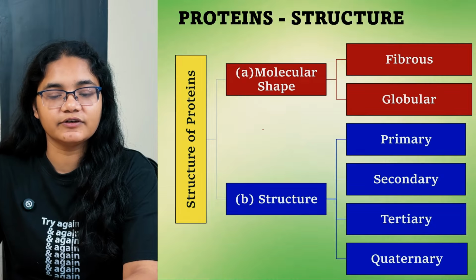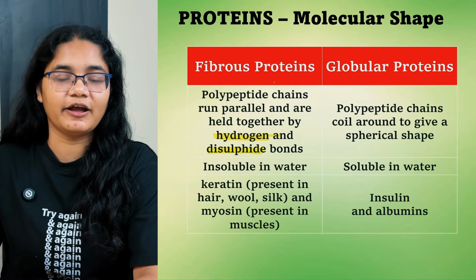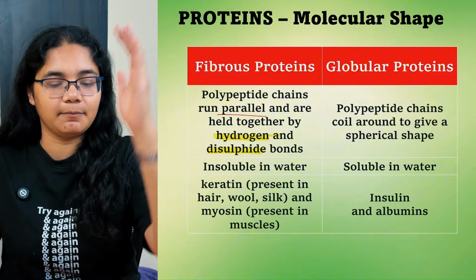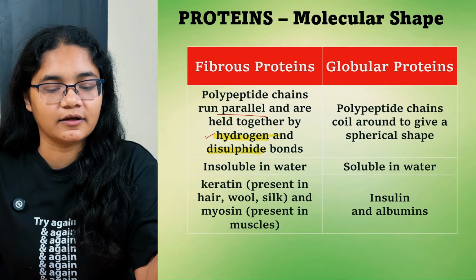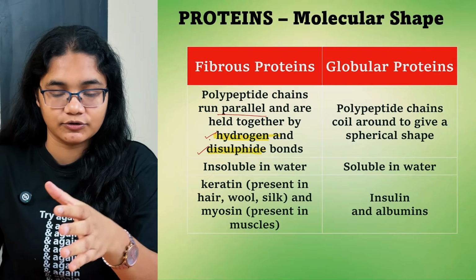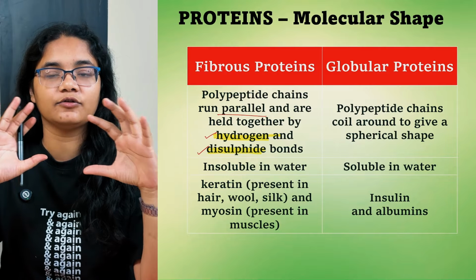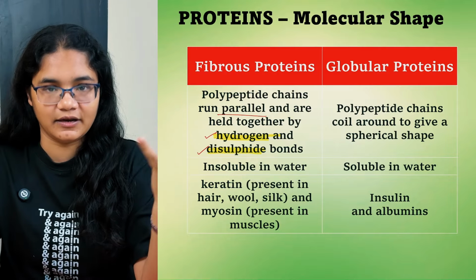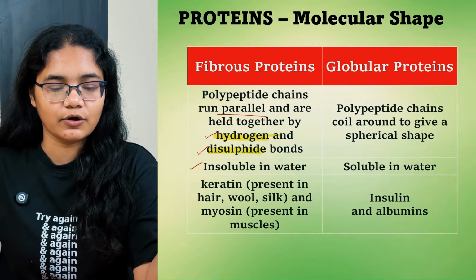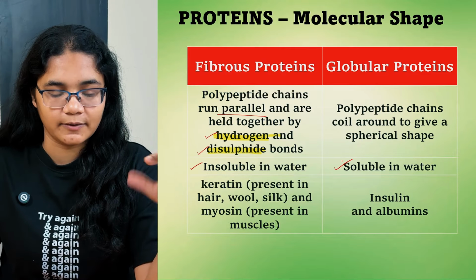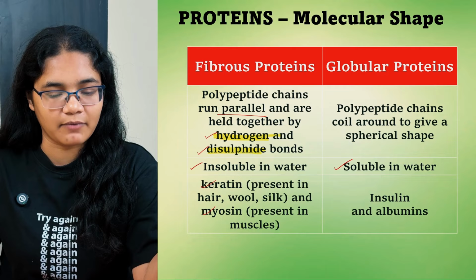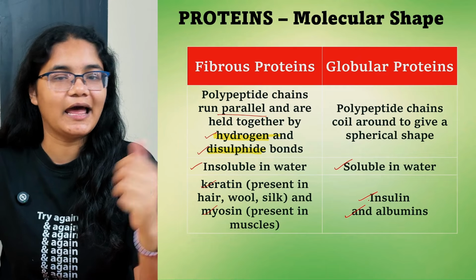First, molecular shape: fibrous proteins are those which run parallel to each other and are held together by hydrogen and disulfide bonds, whereas globular proteins are those which coil around and are in a spherical shape. Fibrous proteins are insoluble, whereas globular proteins are soluble. Examples: here keratin, myosin, and here we have insulin and albumin.